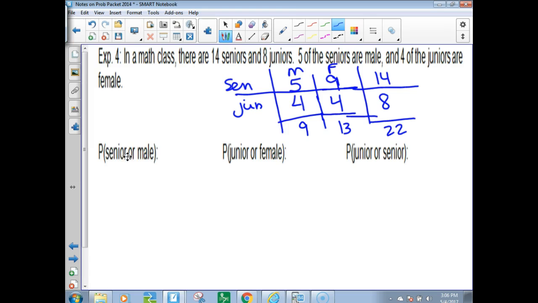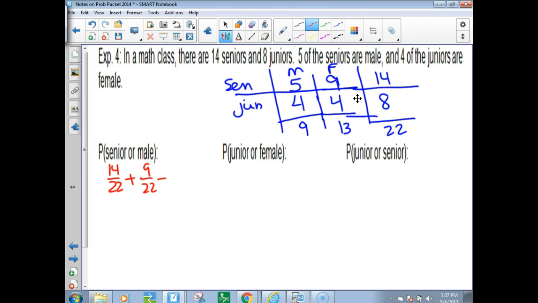Probability that you're a senior or male. Now, here's 2 ways to go about this problem. We can follow the formula for the OR, which is the probability of a senior, 14 out of 22, plus probability of being male, 9 out of 22.